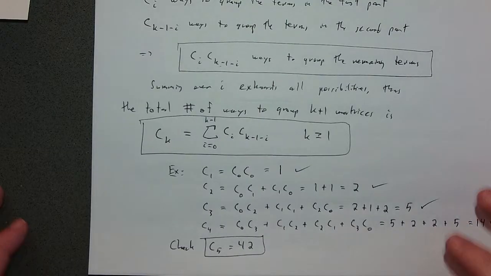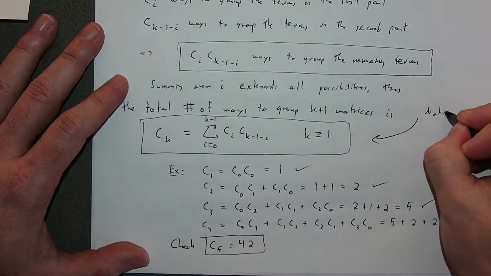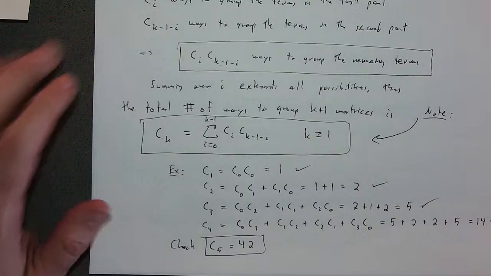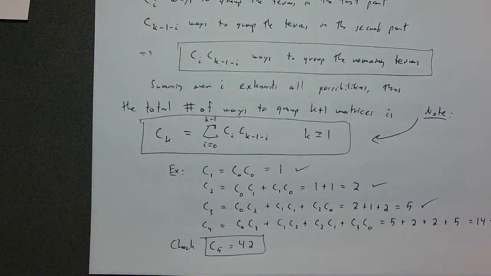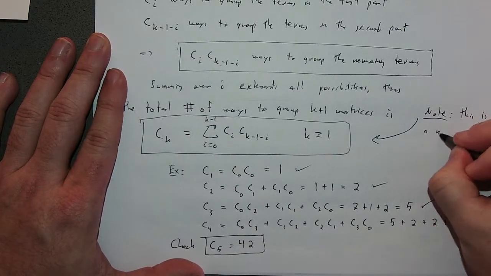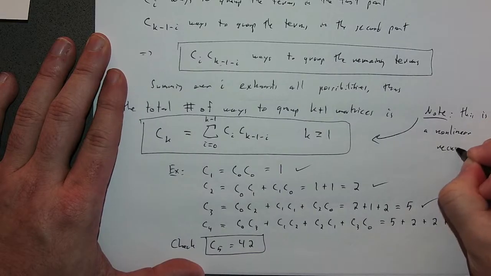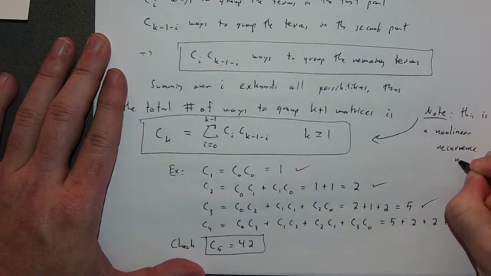All right. Now, one thing to note, this is a nonlinear recurrence. We are going to try to use this in the same way, but we need a little bit of extra algebra help. So note, this is a nonlinear recurrence relation.